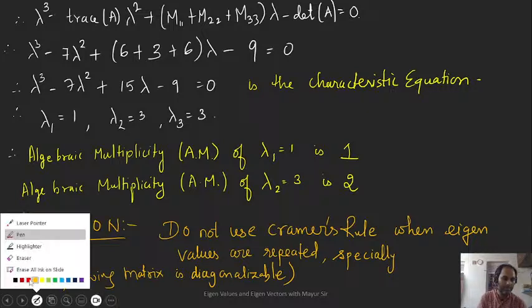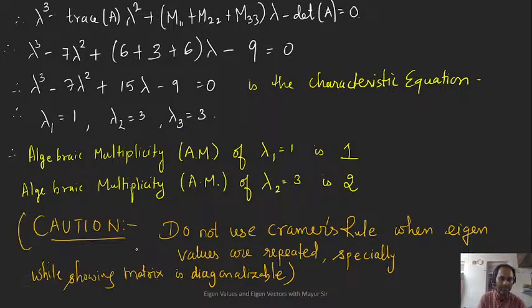Again, a danger sign here, very important: do not use Cramer's rule. After this example is completed, I'll tell you when to use and when not to use Cramer's rule.